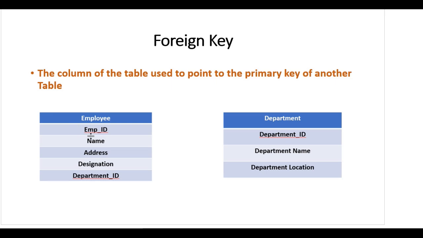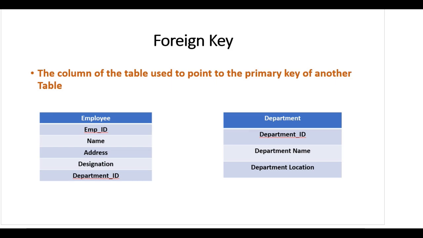So if you see here, employee ID is the primary key of the employee table, and in the department table, the department ID is the primary key. Now, the definition says it is a column of a table used to point to the primary key of another table.